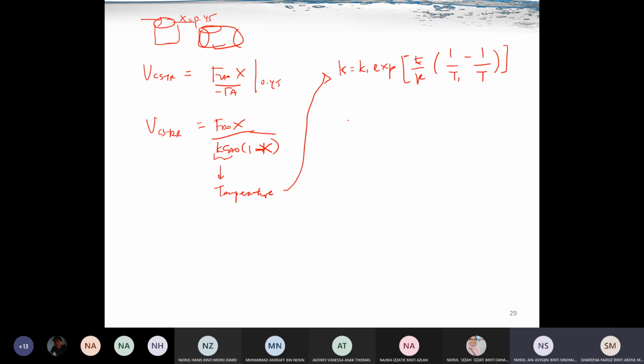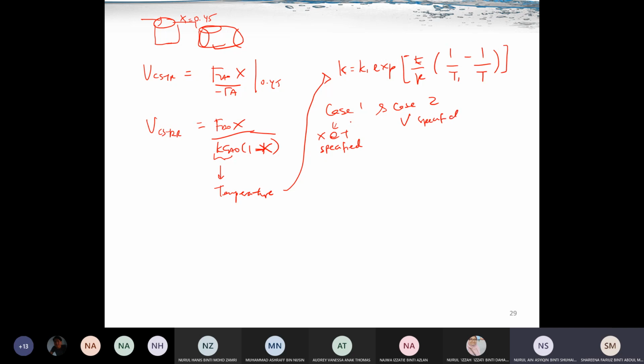So remember, for adiabatic we have case 1 and case 2. Case 1 is when the X or T is specified, while case 2 is for when V is specified. So in this case we go for case 1.